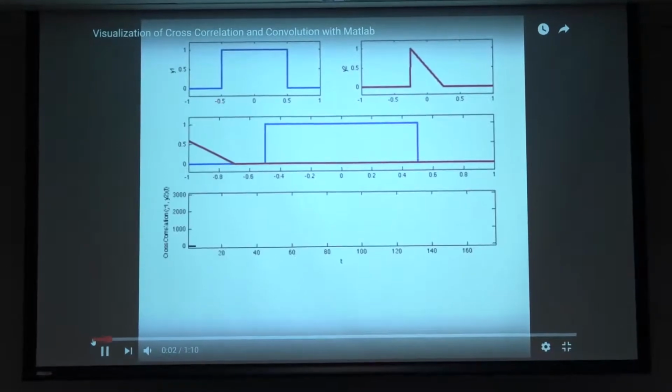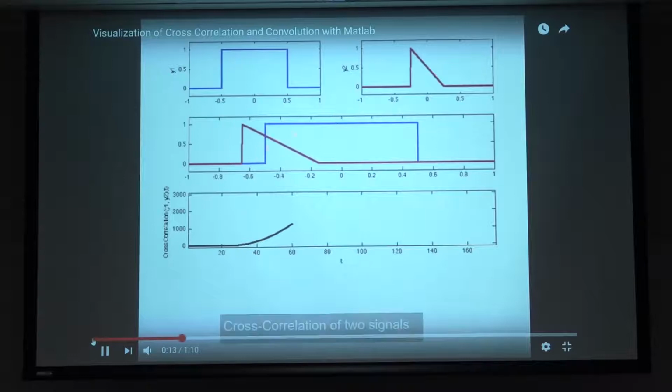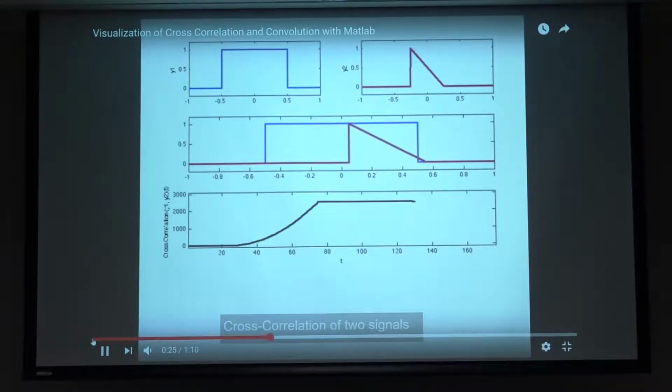See, we have two signals, and here actually we are computing cross-correlation, so we are shifting one of these signals, multiplying it by the other signal, and taking the summation. So that would be cross-correlation between these two signals. And if you do convolution, you have to flip the signal and then multiply and take the summation. So that's cross-correlation.